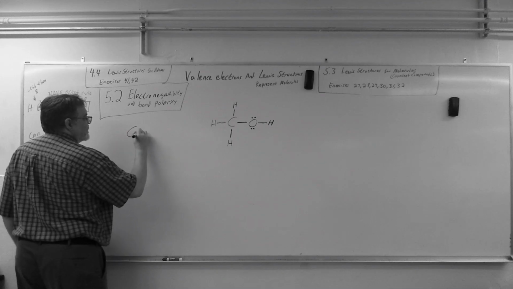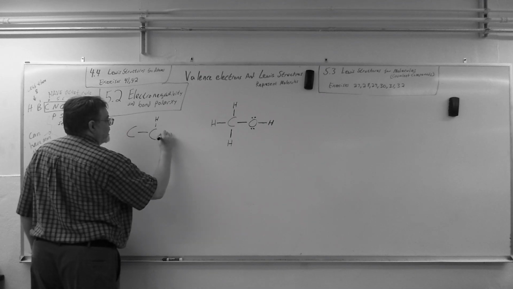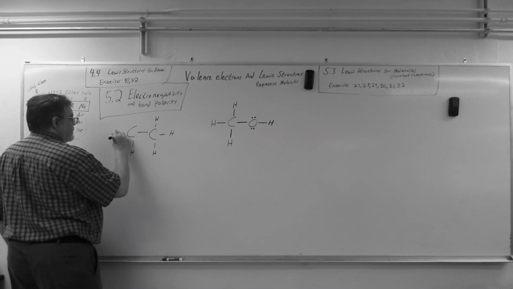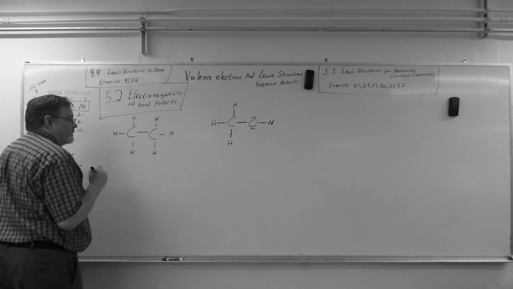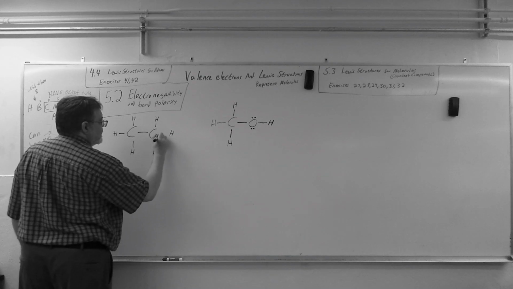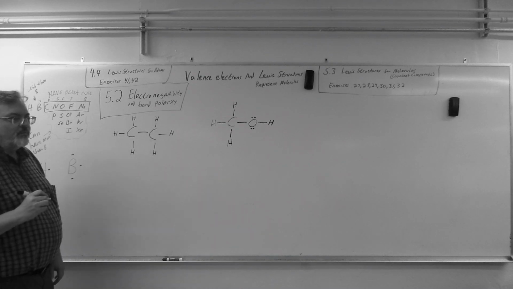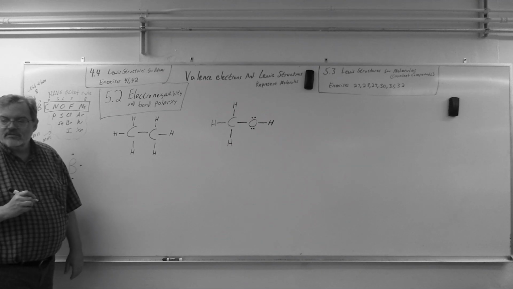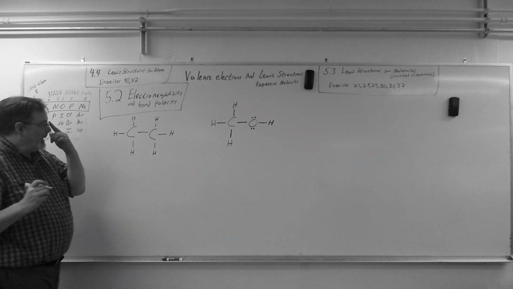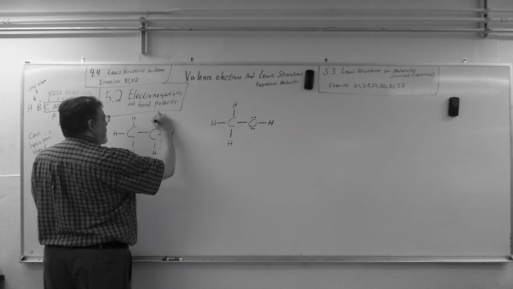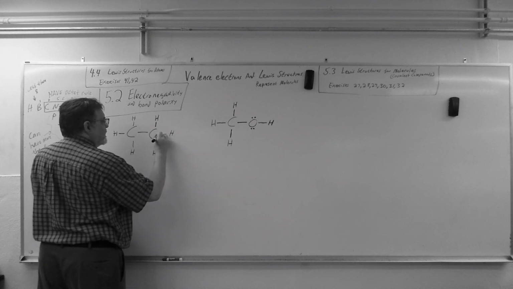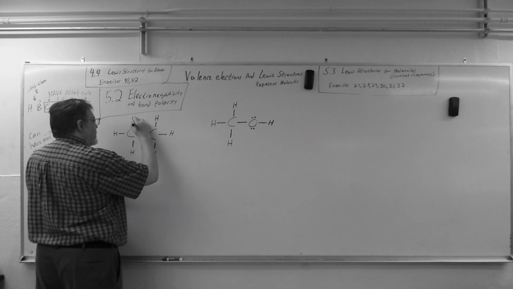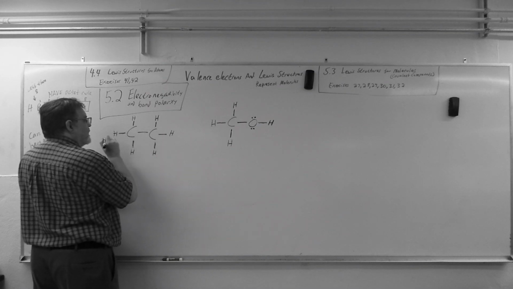Let me contrast that with this molecule. If I remember right, there weren't any good examples in the book for this. I'll double check that before we quit. And again, carbon and hydrogen is sharing this pair, carbon and hydrogen sharing this pair.